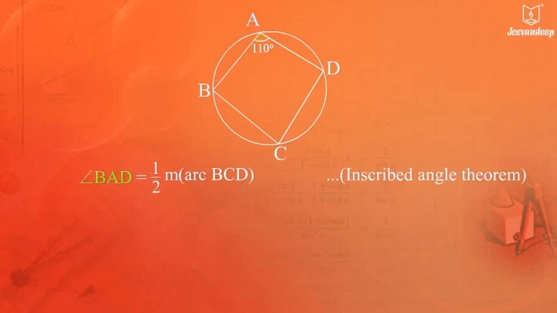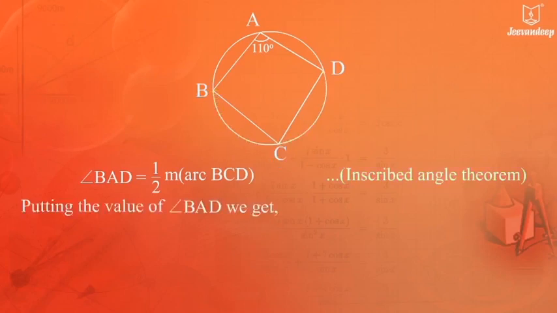Angle BAD is equal to 1 upon 2 measure of arc BCD, by the inscribed angle theorem. Putting the value of angle BAD, we get 110 degrees is equal to 1 upon 2 measure of arc BCD.